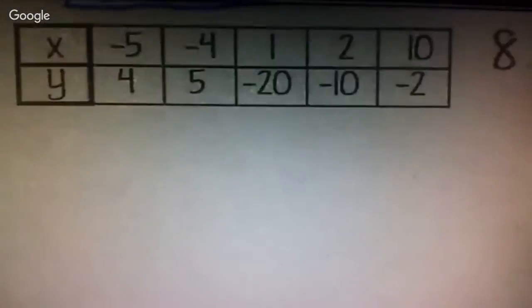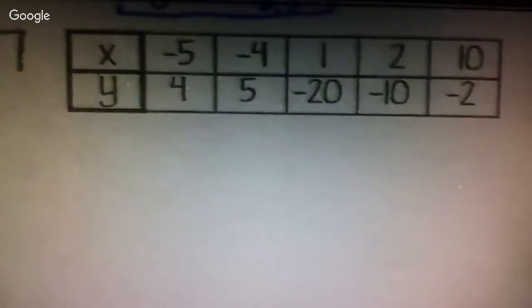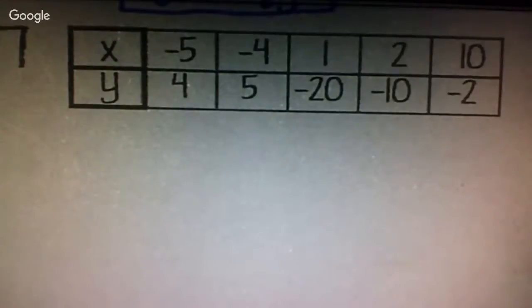I can do the same thing from a table. So yesterday, when we did direct variation, to get my k value from a table, we did what? We did y divided by x. So now we do y times x to see if they're all the same.